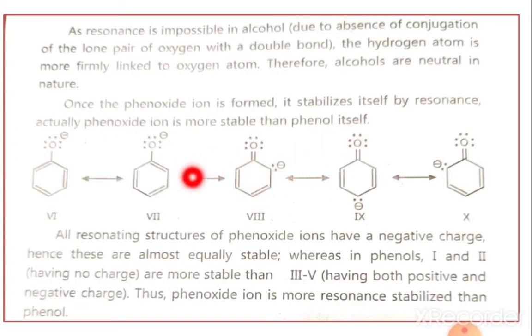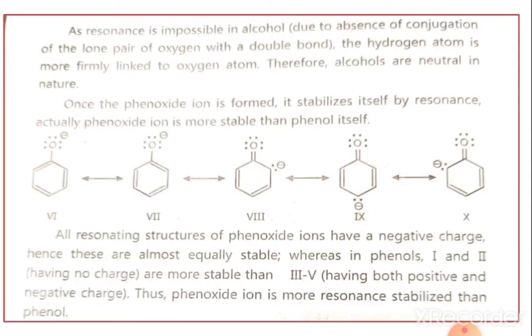Here is the formation of this phenoxide ion, and the charge can be delocalized. The negative charge is delocalized at the ortho and para positions, and all resonating structures of the phenoxide ion have the negative charge, hence they are almost equally stable.